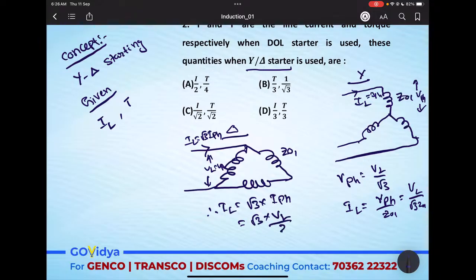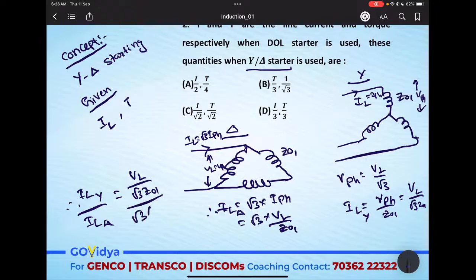VL by Z01. Let's take it is IL delta, and IL star. Therefore IL star divided by IL delta equal to VL by root 3 Z01 divided by root 3 into VL by Z01.